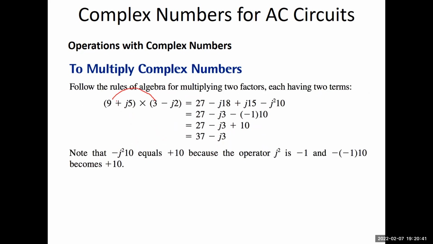So we have 9 and 3, and then 9 and J2, and then J5 and 3, and then J5 and minus J2. Again, when you multiply this, you will result in a J square. Then you always remember that J square is equal to negative 1. Is it clear?